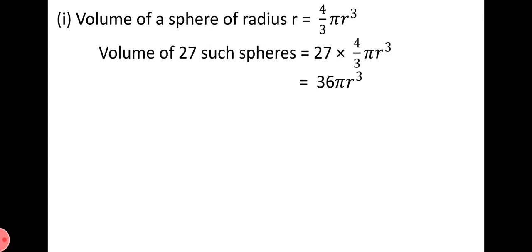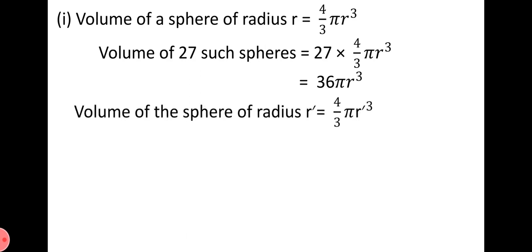This is the volume of the iron sphere from which we have to make 27 new spheres. Now volume of the sphere of radius r dash equals 4 upon 3 pi r dash cube. We are getting volume of 27 spheres as 36 pi r cube.